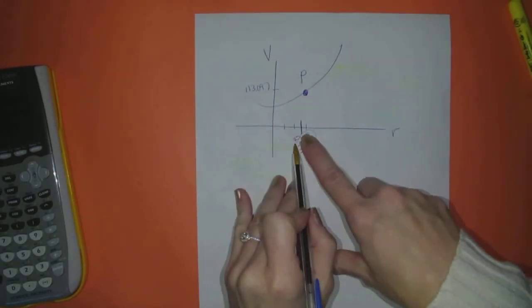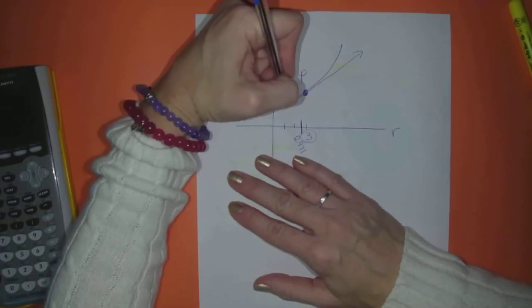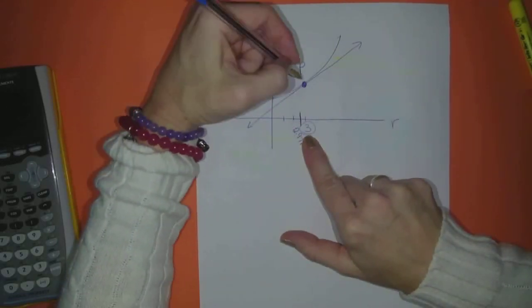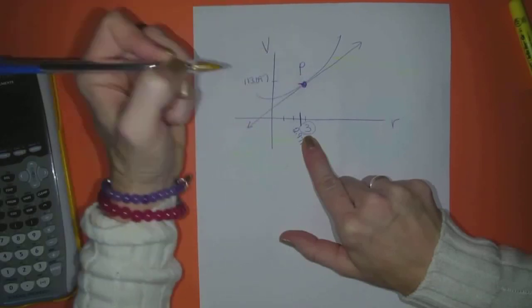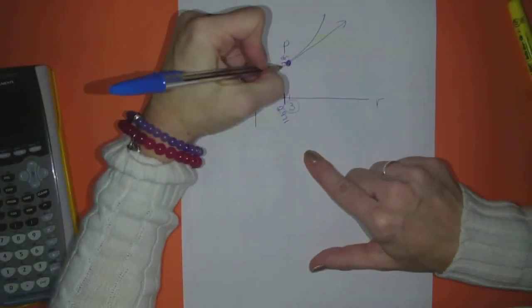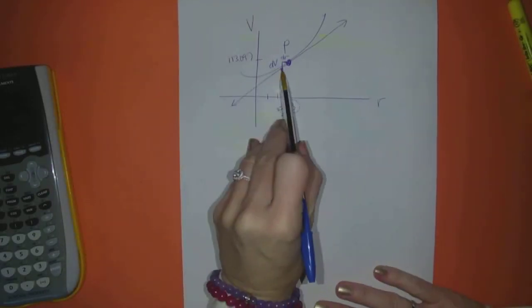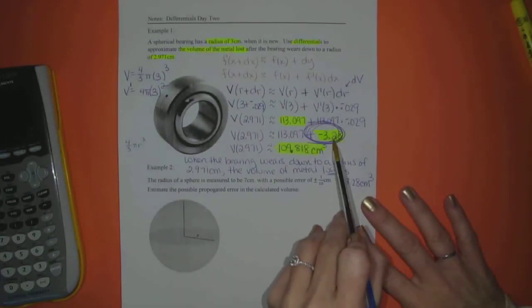2.971, which is a little less than 3, because we drew the tangent line at P, and we are having a change in R, a dr, which results in a change in volume, dV, as per the tangent line, and that dV is this calculation right here.